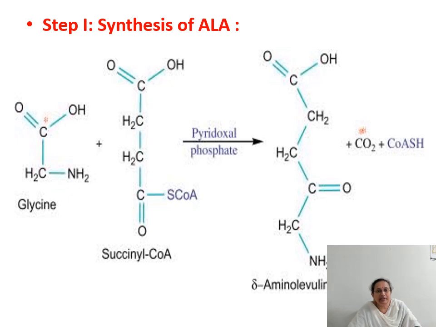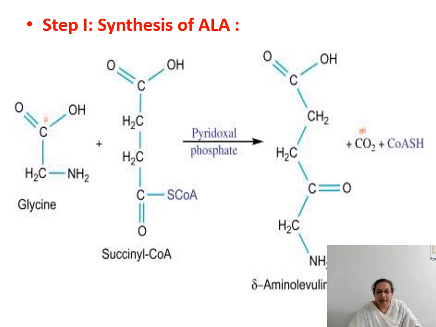That is the reason why the first step of heme synthesis also happens in mitochondria, because of the availability of the substrates, right? So glycine condenses with succinyl-CoA in the presence of the enzyme ALA synthase, that is aminolevulinic acid synthase, for which the needed coenzyme is pyridoxal phosphate, otherwise in short known as PLP.